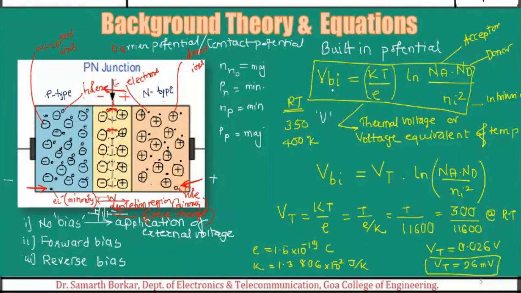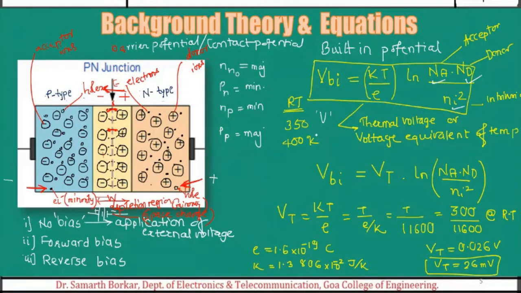This VBI will purely depend on the make of your semiconductor device. Make in the sense it will depend on the concentration of acceptor ions, concentration of donor ions, and intrinsic concentration.